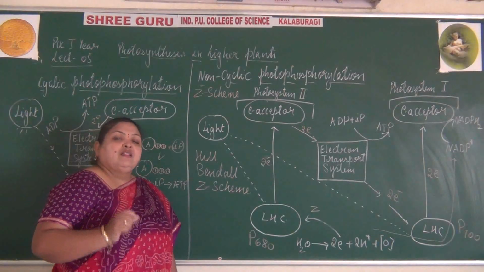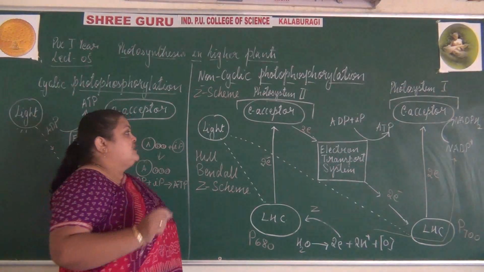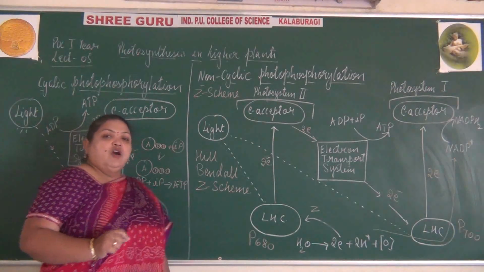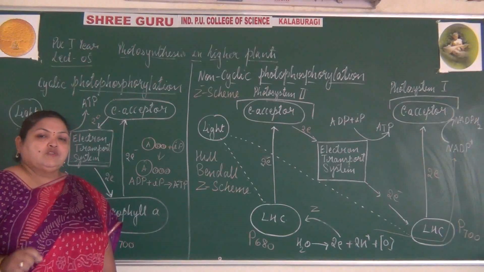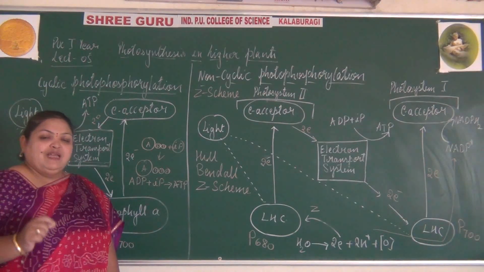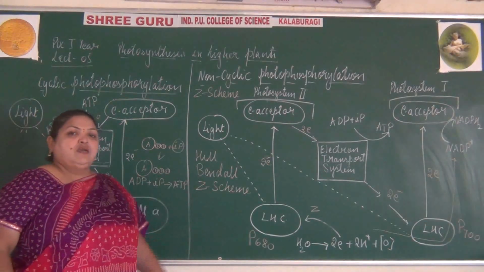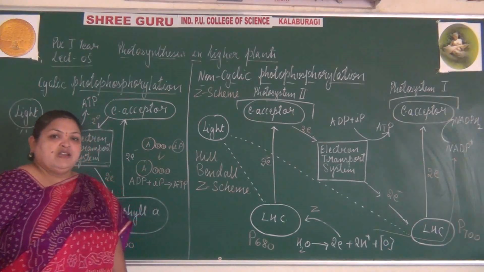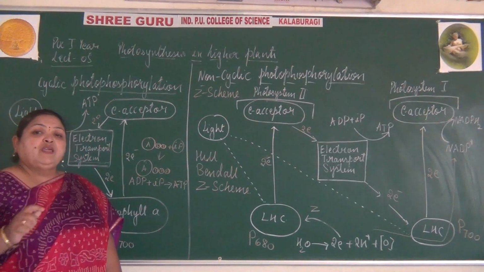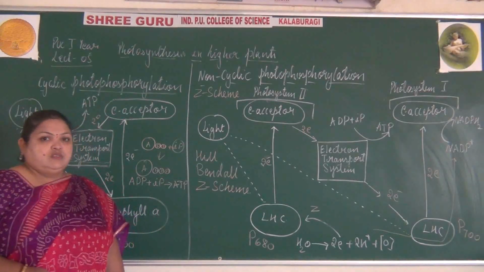The other 5 marks question is: differentiate cyclic and non-cyclic photophosphorylation. So in this chapter on the light reaction, we have studied cyclic and non-cyclic photophosphorylation, a very important concept of the process of photosynthesis.